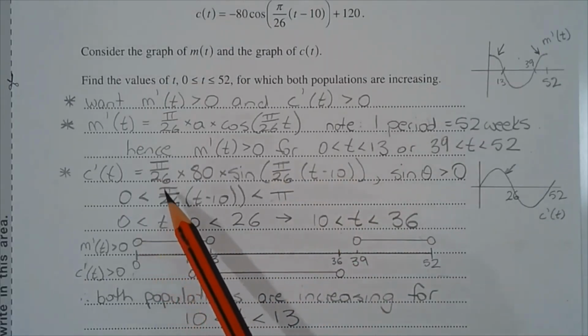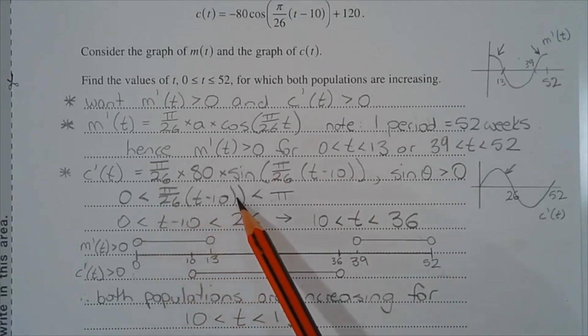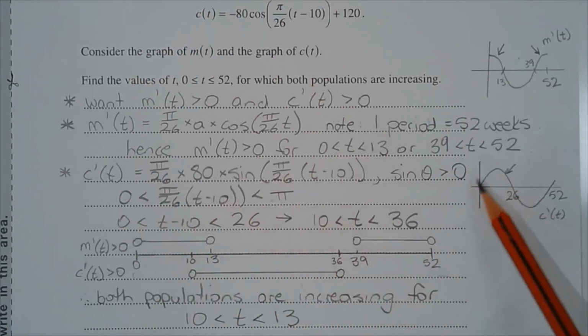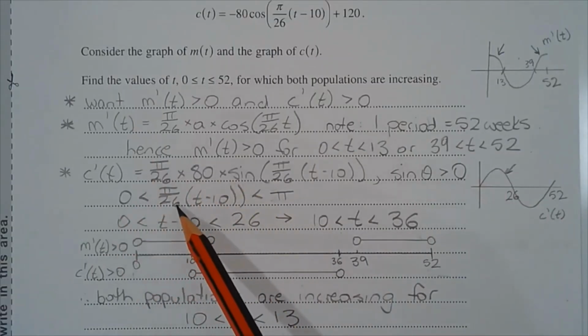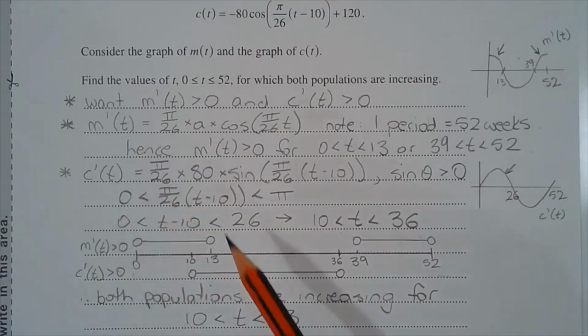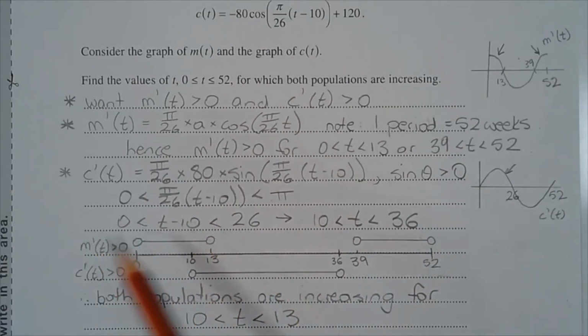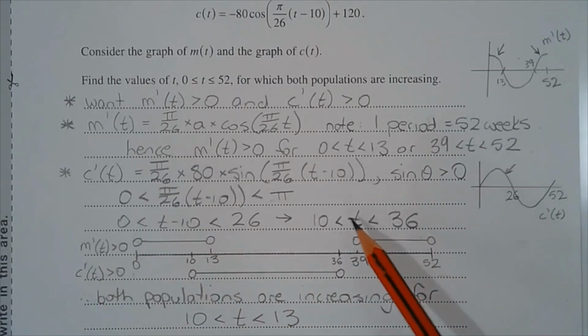So we want pi over 26 (t minus 10) to be between 0 and pi, since that's the part of the sine curve that we're interested in. Solving this two-way inequality by multiplying both sides by 26 and dividing both sides by pi, we get t minus 10 is between 0 and 26, and adding 10 to both sides, we get t is between 10 and 36.